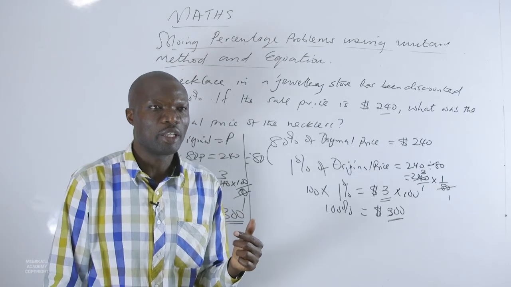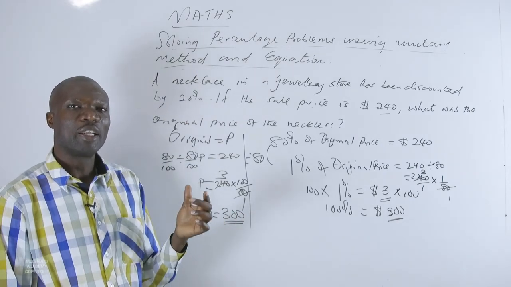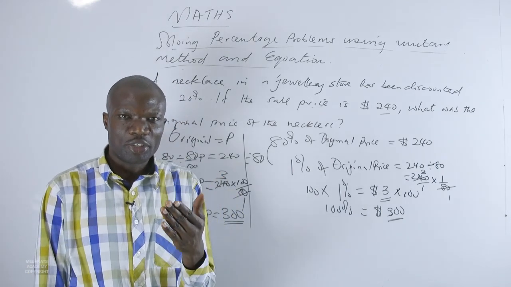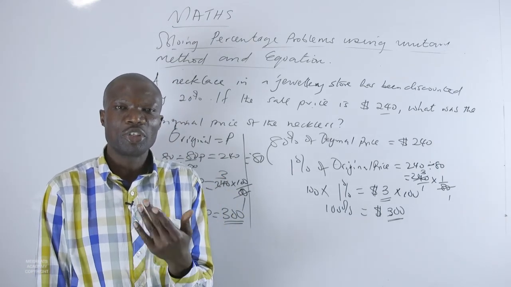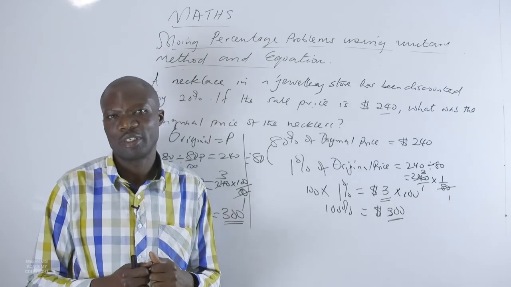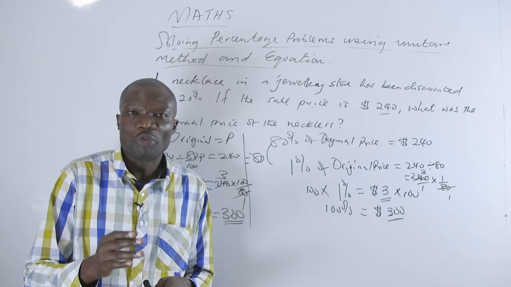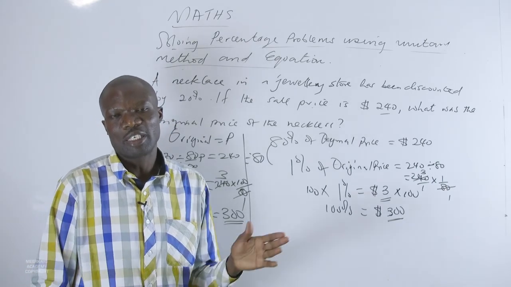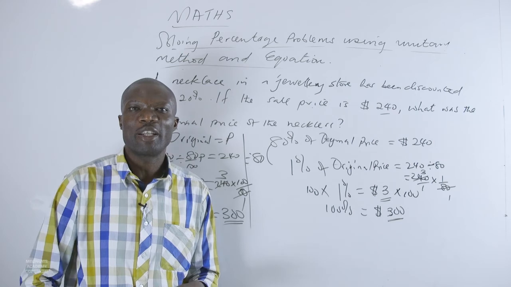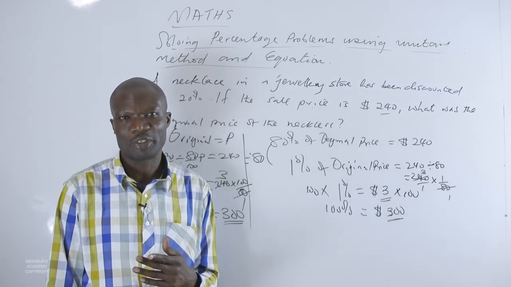We should be able to find the original price of goods that are discounted, find a new amount given a certain percentage, and find the whole amount given a certain percentage of the amount.